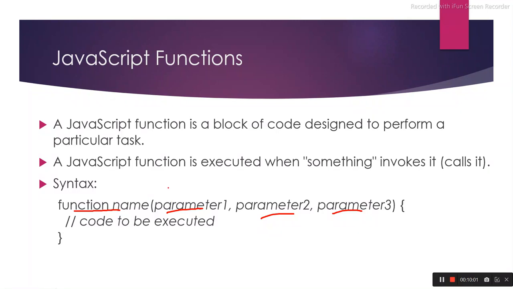You know what a function is: a set of statements, or a block of code which is used for performing a particular task. The function will be executed whenever it is called; till you call it, the function will not get executed.